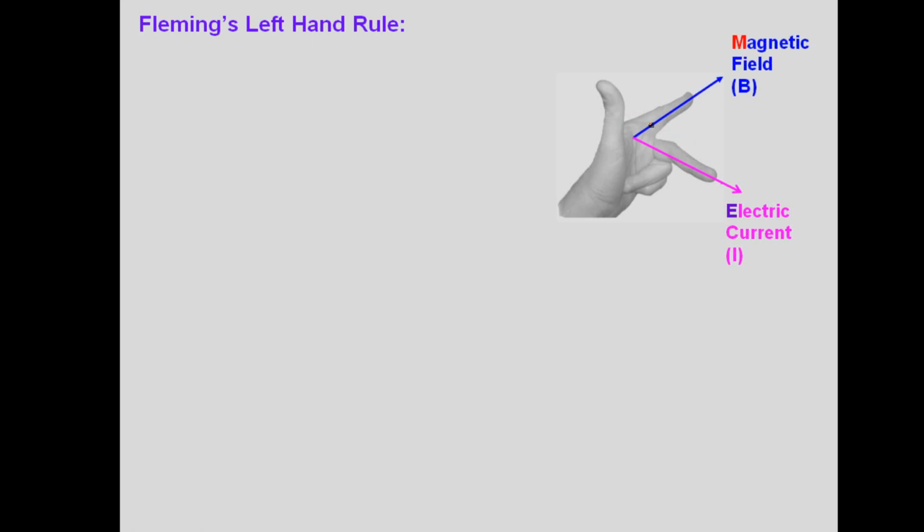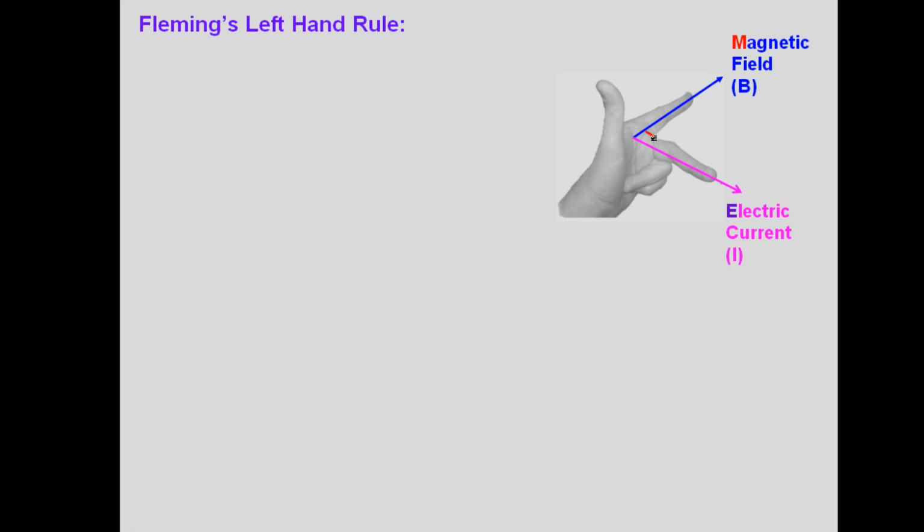So the direction of force which we have represented here, how will we find that? For this we have Fleming's left hand rule, which will be used to find the direction of magnetic force. For this we have to use our left hand, and in left hand we have to use thumb, forefinger or first finger, and central finger mutually perpendicular to each other, such that central finger is giving the direction of current and first finger is giving the direction of magnetic field.